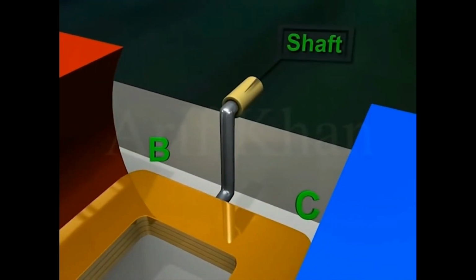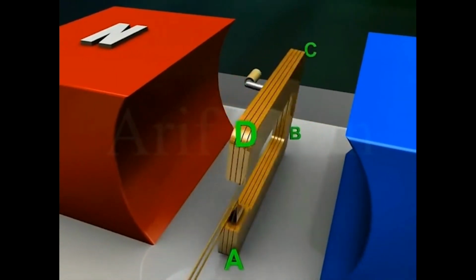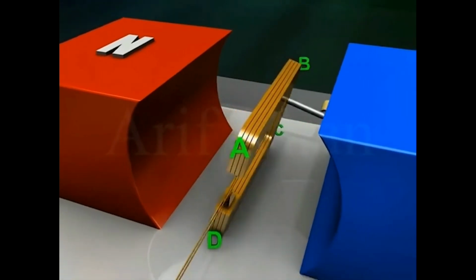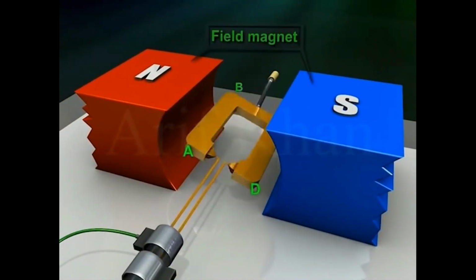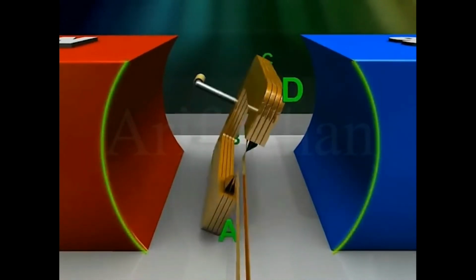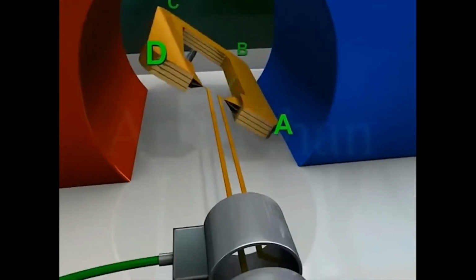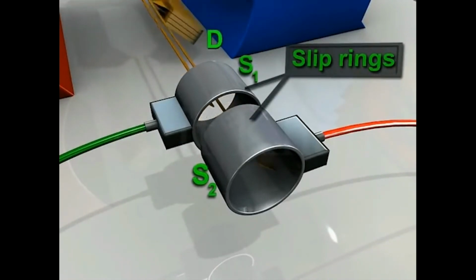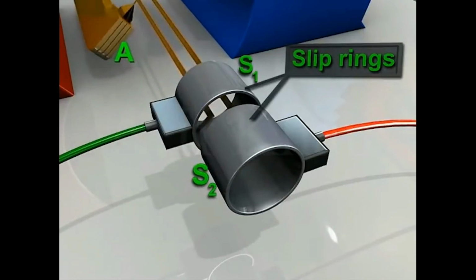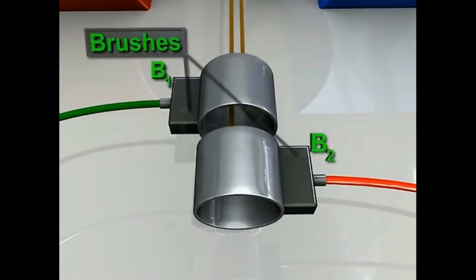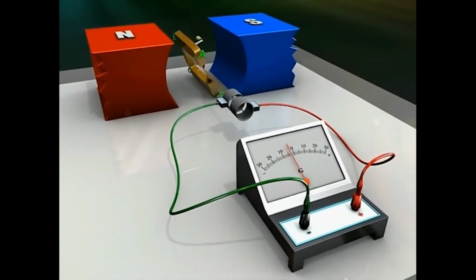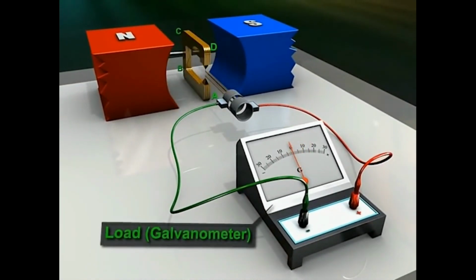A shaft, which can be rotated rapidly. A field magnet, which may be a strong permanent magnet with concave poles. Two slip rings S1 and S2, which are connected to the armature and thus rotate with it. Two brushes B1 and B2, which provide electrical contact with the slip rings and a load, which may be a galvanometer as shown.